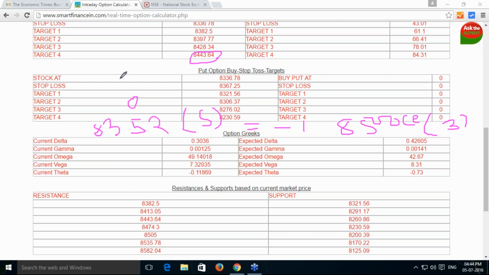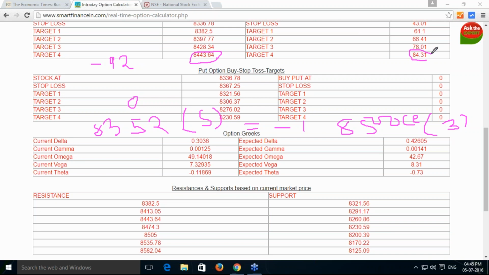I have sold at 8352 and it is achieving 8444, so I will incur 92 points of loss on the future. How will I estimate this? The 92 points of loss on the future I sold, along with the 8500 call option 3 lots, if Nifty touches the fourth target as estimated by me. At the same time, once it touches that fourth target, my option will be trading at 84.30.